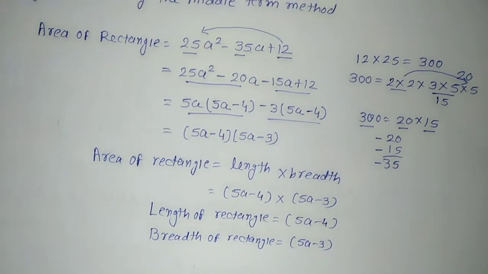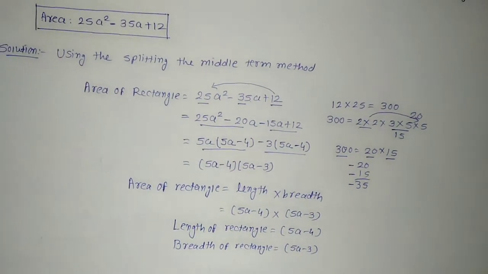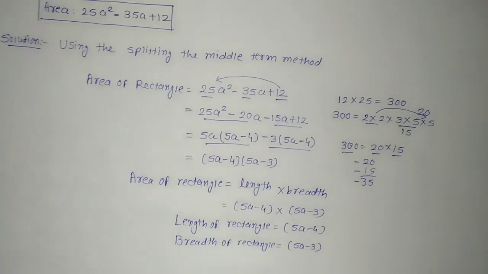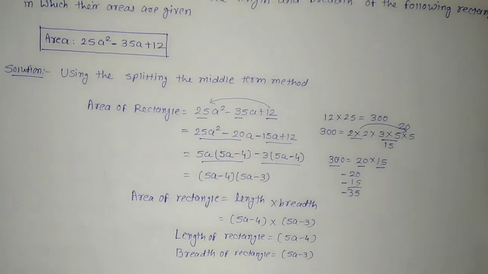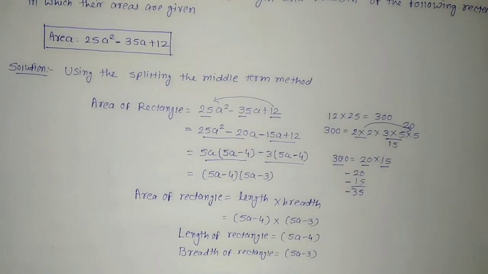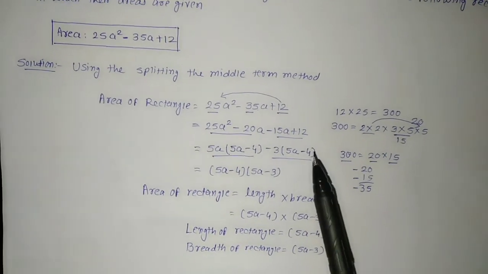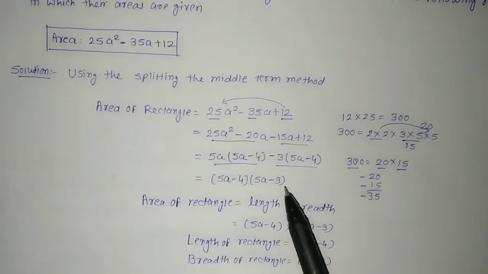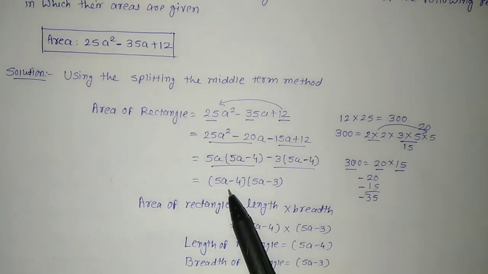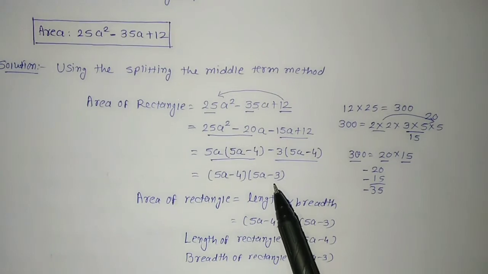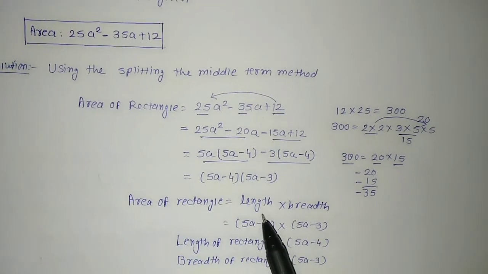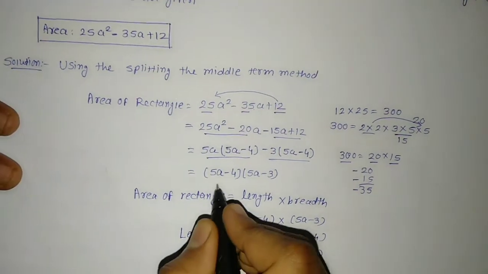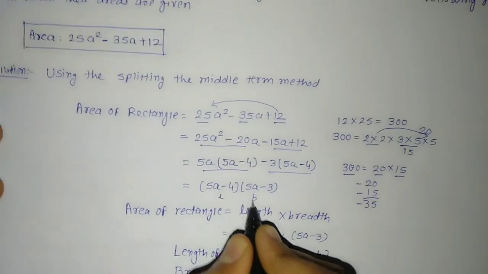I hope you understood that it has been asked to find the length and breadth of the following rectangle, and its area is given in polynomial form. What we did, we found two factors, and you can see these two factors are in multiplication, and we know the area of a rectangle is equal to length into breadth. One we will consider as length, then the other as breadth.